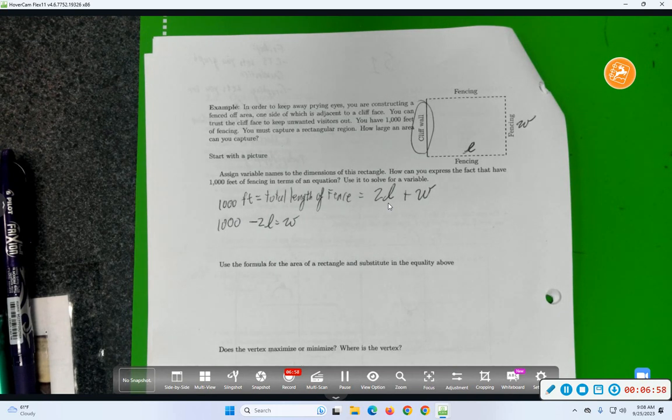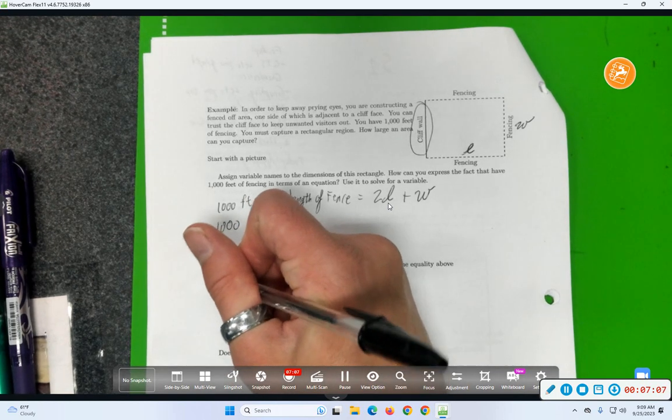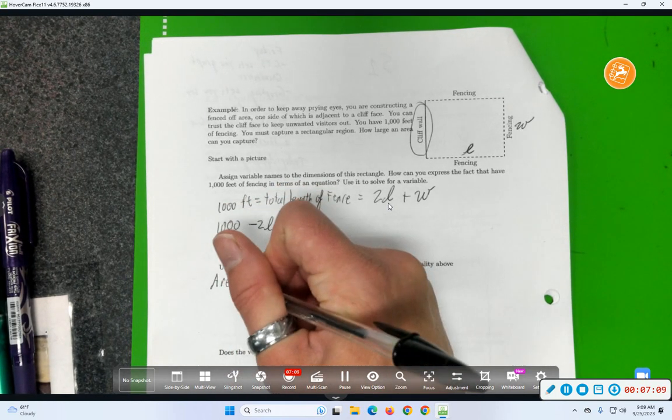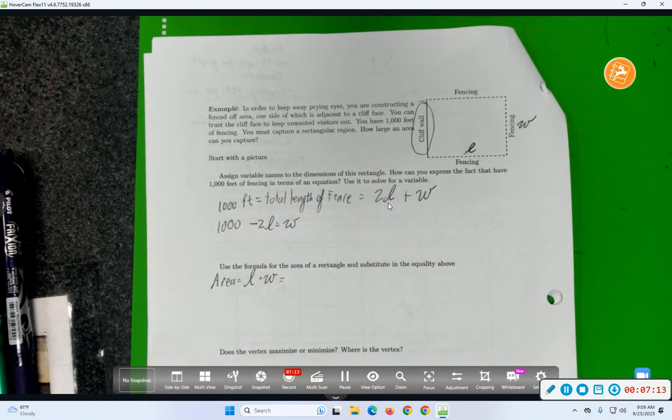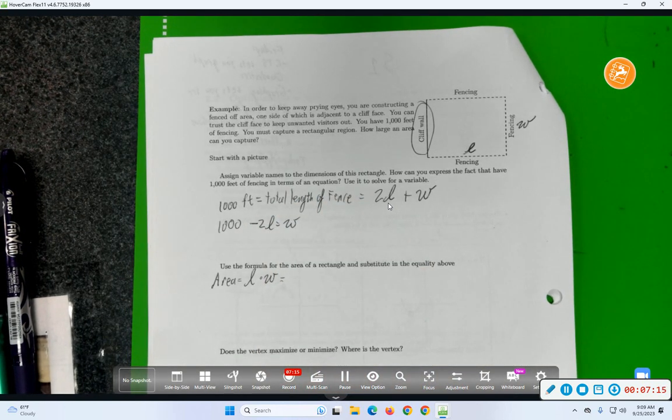What's the area of a rectangle? Length times width. Ah, but we already have a formula for what the width is. Let's try to use that.